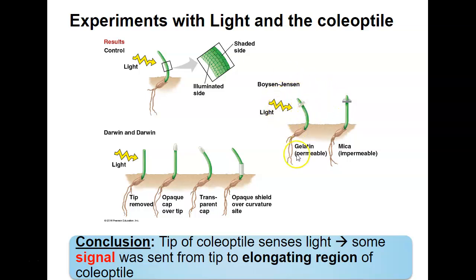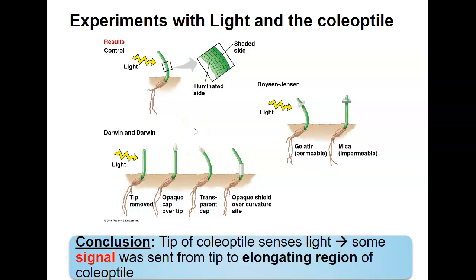You could try this with a permeable seed and an impermeable seed, and it showed that it did need to have light making it into the cells, and that these specific cells did need to be exposed to the light, because if those specific cells in the tip were not there or were prevented from having any kind of light, then curvature could not take place.